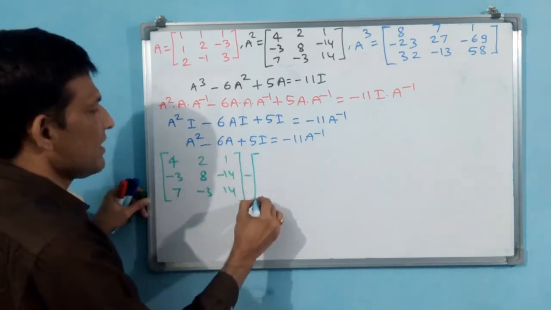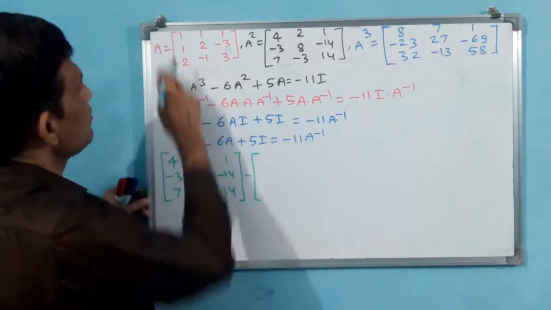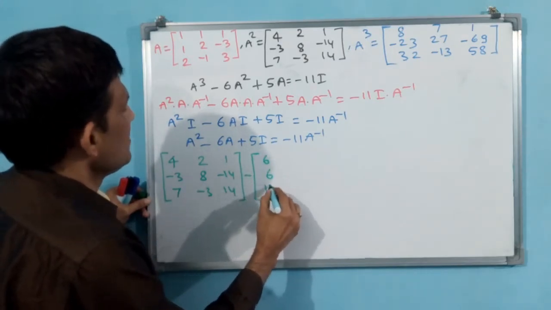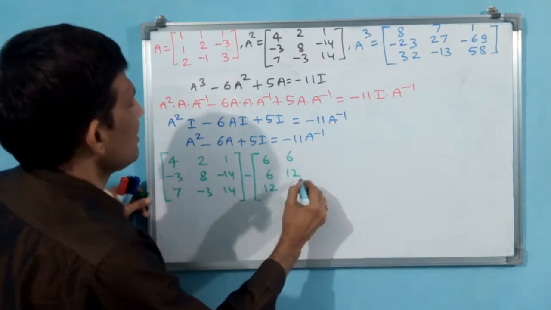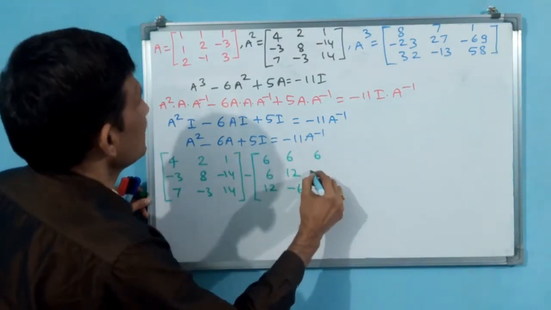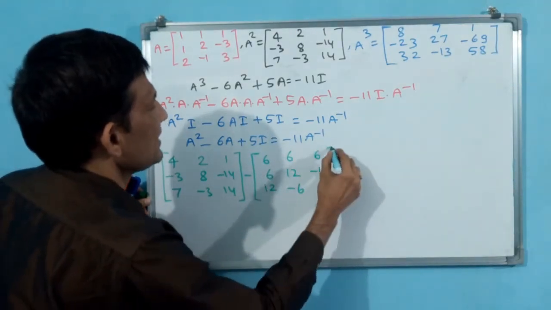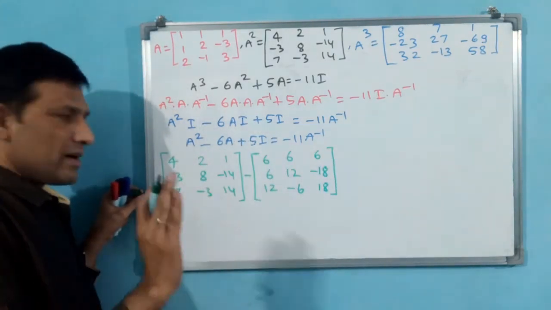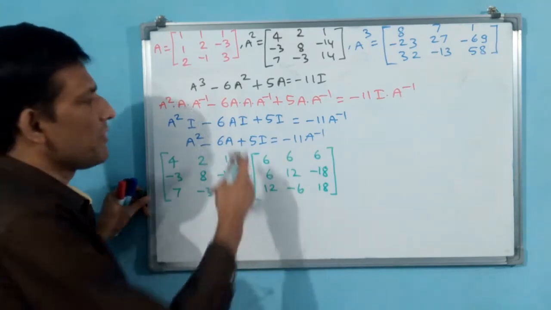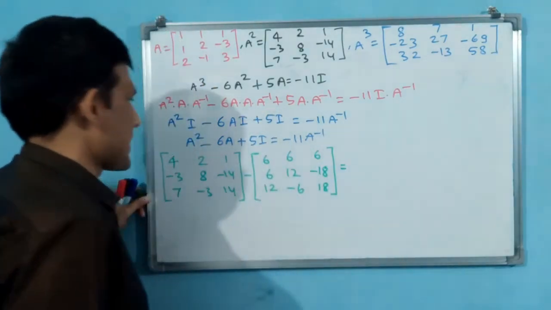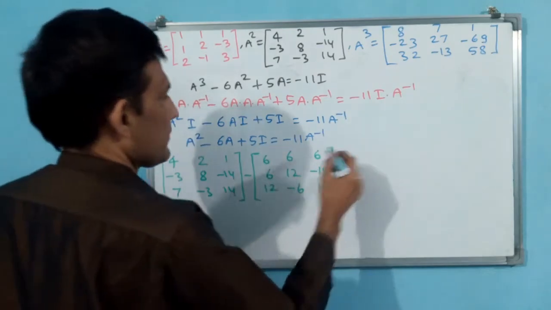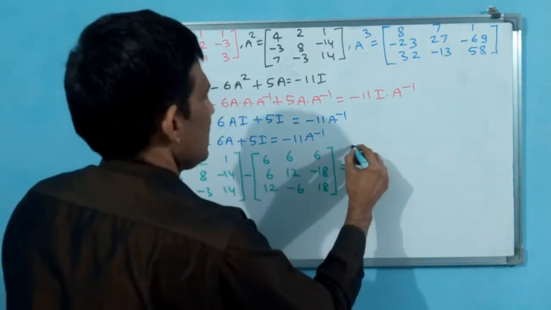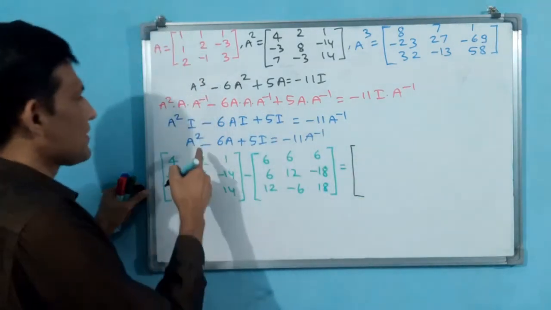Minus 6A: 6 times you multiply, 6, 12, minus 6, minus 18. Now you don't add 5A yet. First you do this one, afterwards we will add 5A.